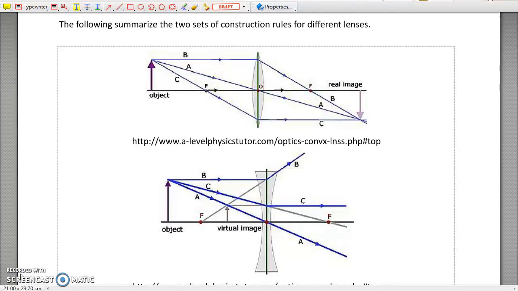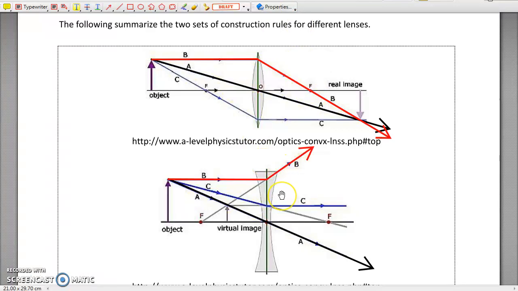Now let's draw the construction rules again in these 2 diagrams. First of all, the light ray that passes through the very center of the lens should go straight. Next, when a light ray parallel to the principal axis strikes a convex lens, it will be refracted, passing through the focus on the other side.